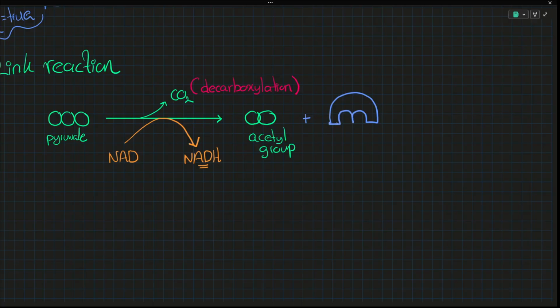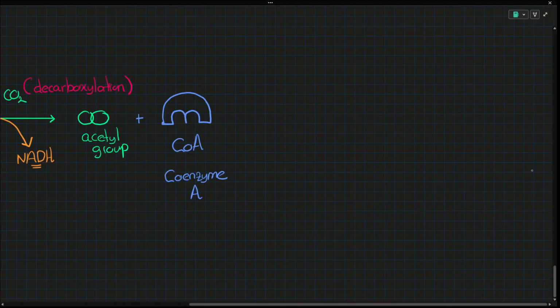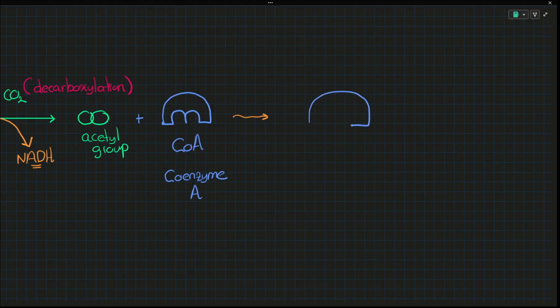Now, do you see how he has a perfect opening for the acetyl group? So him, we call him CoA. That's CoA. Elaborated, that would be coenzyme A. So when the acetyl group joins with coenzyme A, we have this structure.